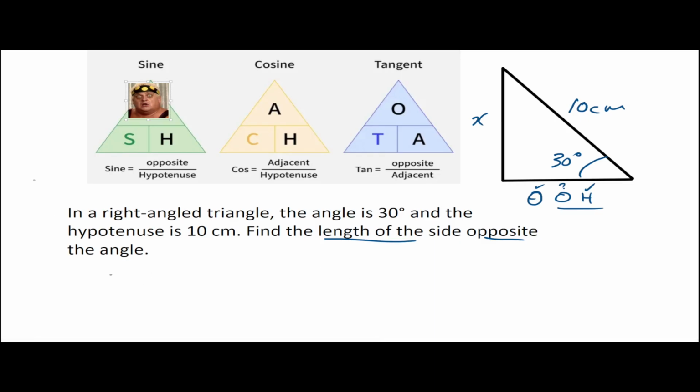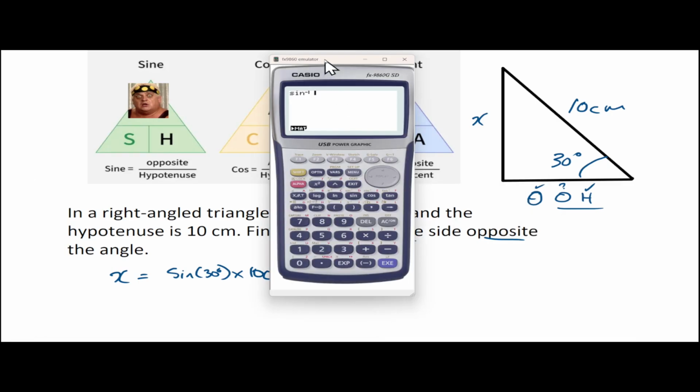So x here, which is the opposite side, is going to be equal to sine of 30 degrees times the hypotenuse, which is 10 centimeters. And we would jump onto the Casio calculator.